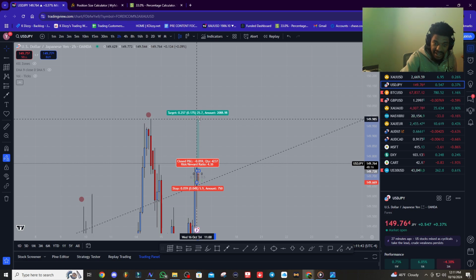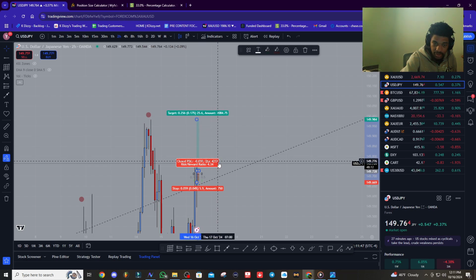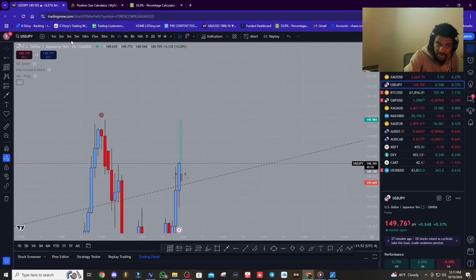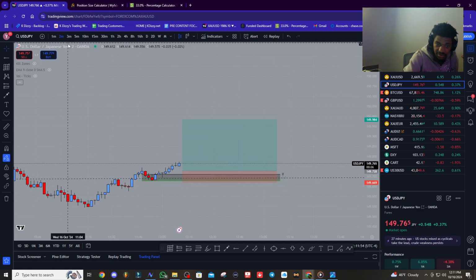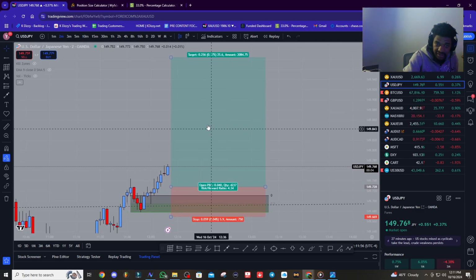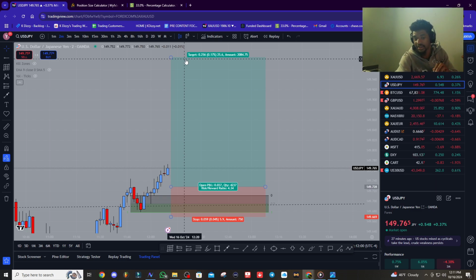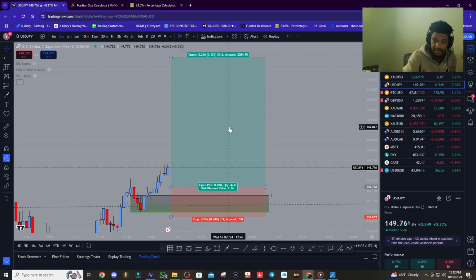As you can see, if I stopped it right there, you see that risk to reward goes to 4.34, right? And if we go back to the 2 minute, all it has to do is reach up there. So it's just how long is it going to take? You know what I mean?